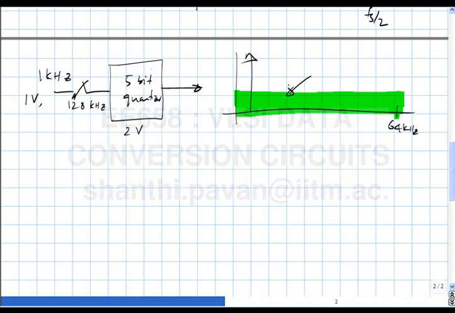You understand? Alright. Now if I took this signal and downsampled it by a factor of 64, so that this frequency is 2 kilohertz, which is basically the Nyquist sampling rate corresponding to the input.